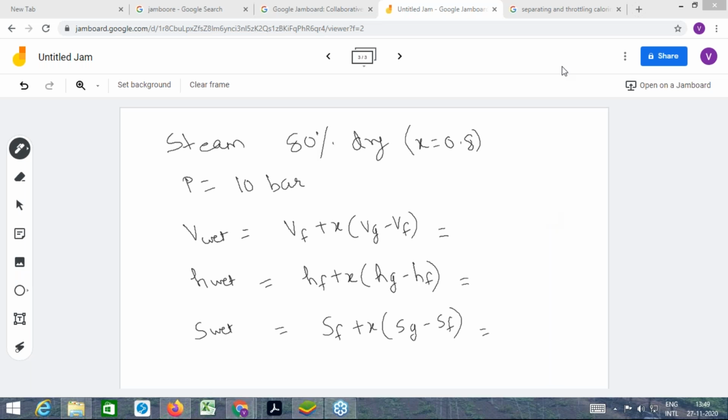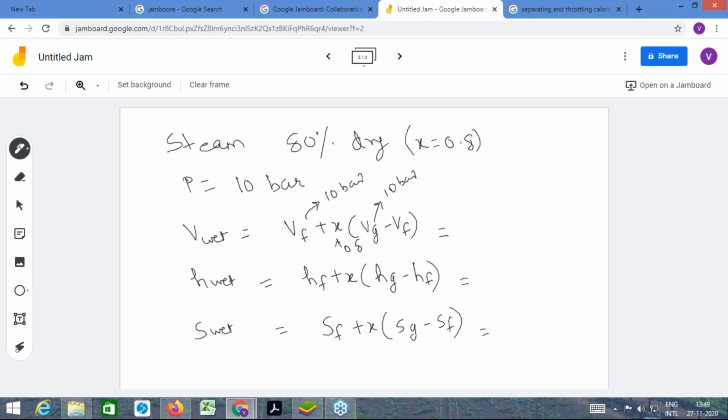From the steam tables, we'll have to read the value of Vf at 10 bar and Vg at 10 bar. X is to be taken as 0.8.